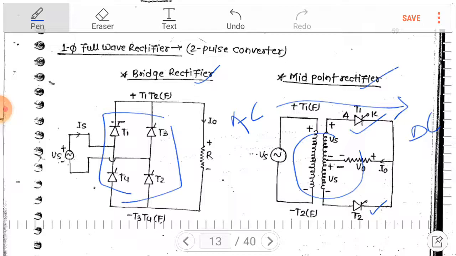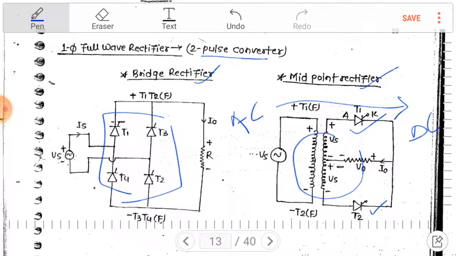Here, as the name suggests, two pulse converter. So in a complete cycle of a sinusoidal wave which is of time period 20 millisecond, we have one positive half cycle of 10 millisecond and one negative half cycle of 10 millisecond.